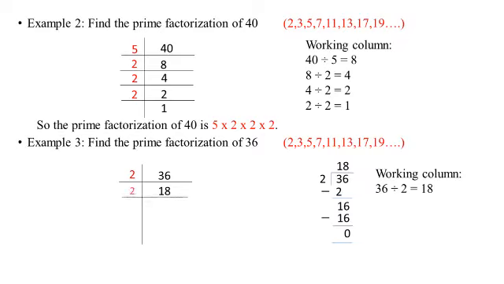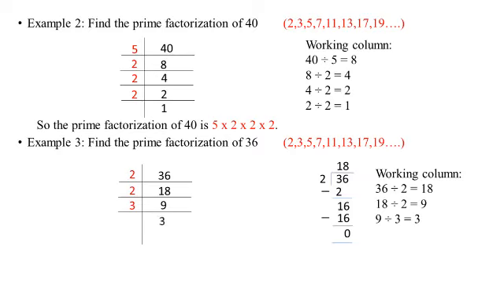So 18 divided by 2 is 9, which we write below 18. Now 9 is divisible by a prime number 3. So we divide 9 by 3, which gives 3. We write 3 below 9. Now 3 is a prime number.